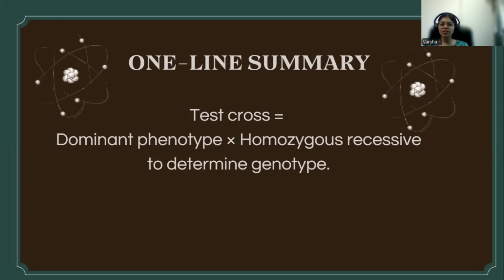If all the plants come out tall, it means that the dominant phenotypic plant was homozygous dominant. And if the ratio of dominant and recessive becomes 1 is to 1, it means that the dominant phenotypic plant was a heterozygous plant. Thank you so much.